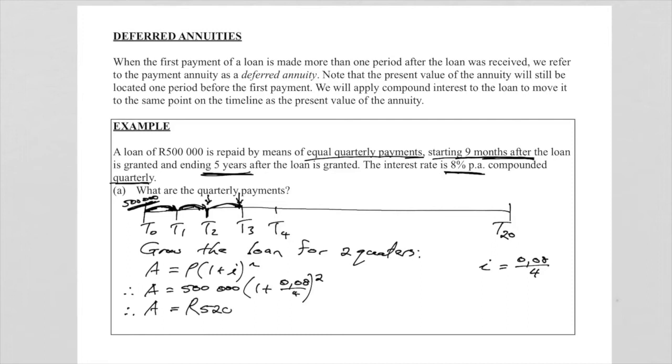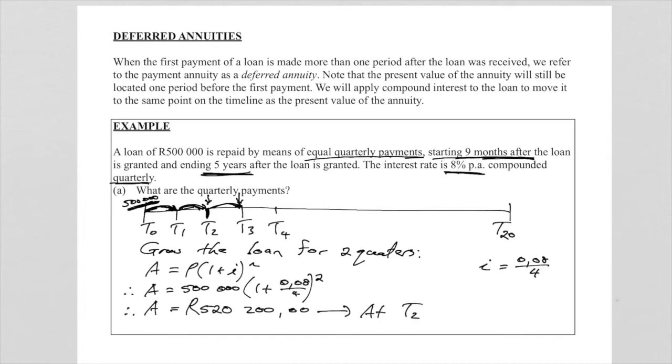My answer, 520,200. So the loan was originally 500,000. We didn't start to make payments, and now we need to grow the loan up to T2, and at T2 this loan will be 520,200. Let's now look at the second half of this question.